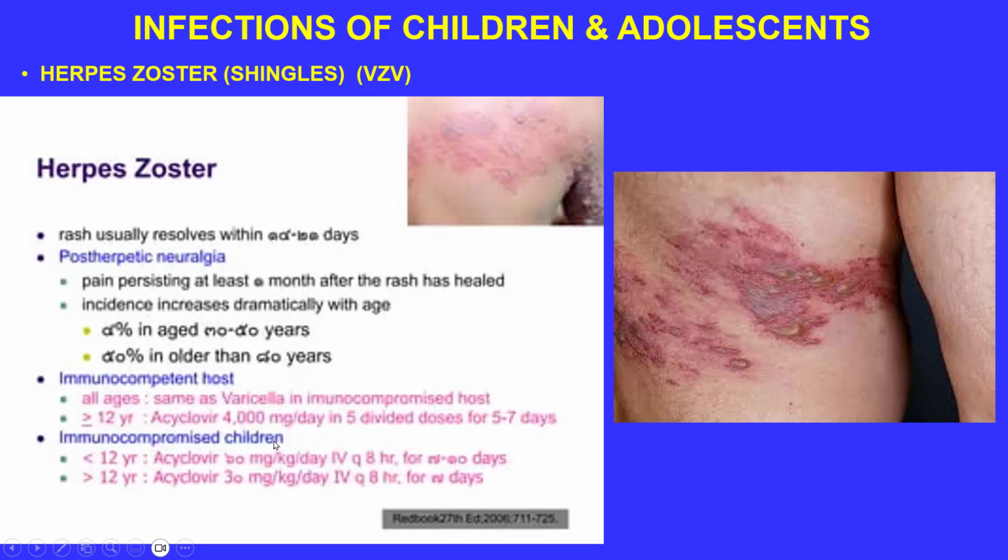With immunocompromised children or other individuals that are immunocompromised, AIDS, cancer treatment, under a lot of cortisol suppressive therapy, here you have to go with acyclovir, but it may be higher numbers for a greater number of days, as you can see.